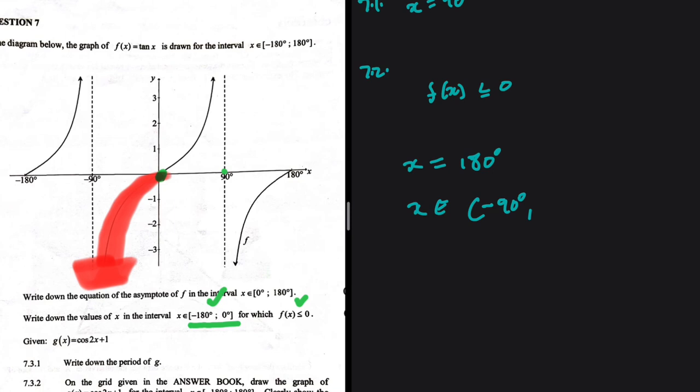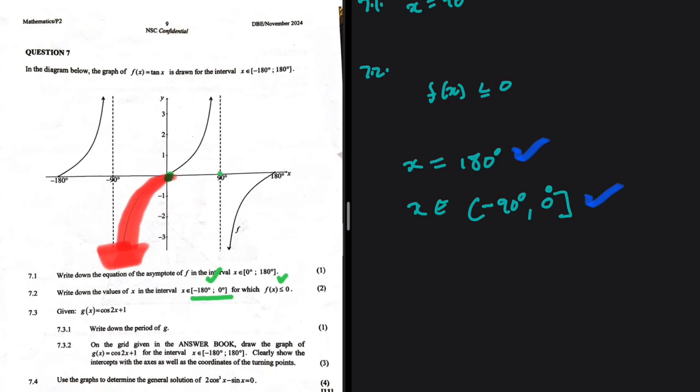It is defined there, so let's include 0. So these are the values of x for which f of x is less than or equal to 0. There we go. So that is 7.2. Let's take a look at 7.3.